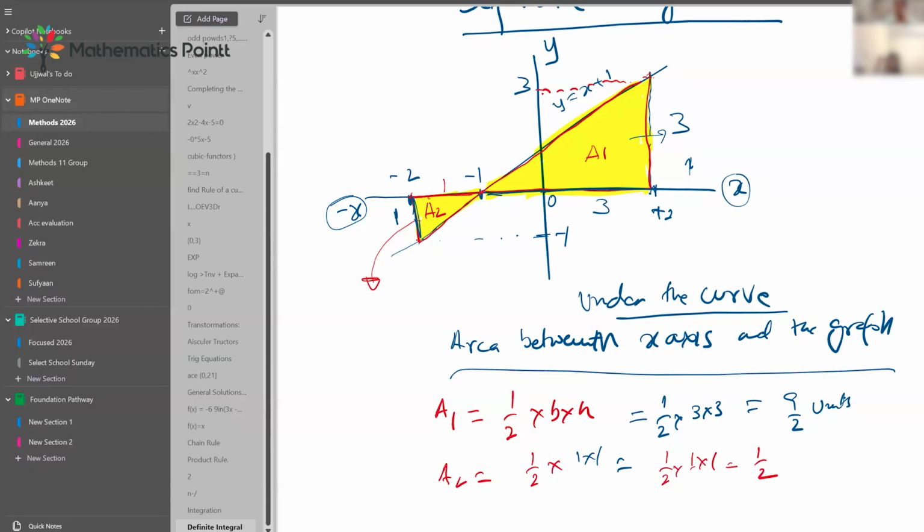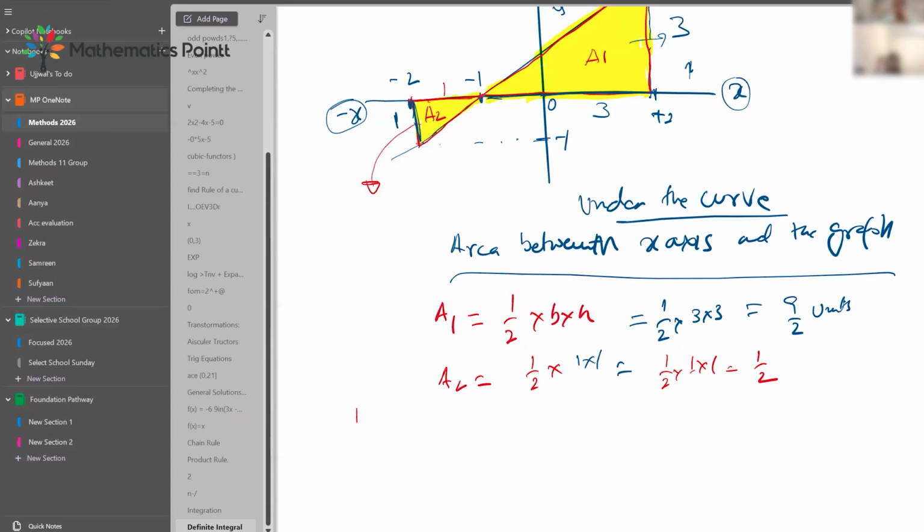So what is the total area? Total area is A1 plus A2, which means 9 on 2 plus half, which is 10 on 2, or 5 square units. That's the total area.